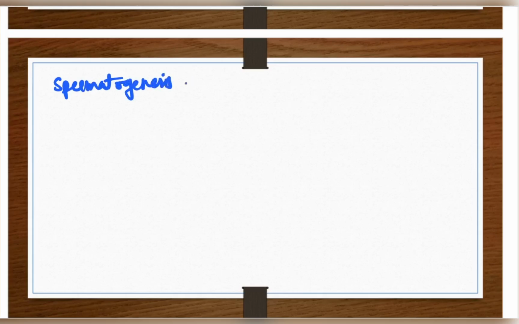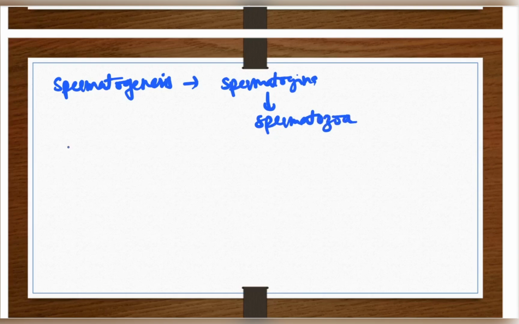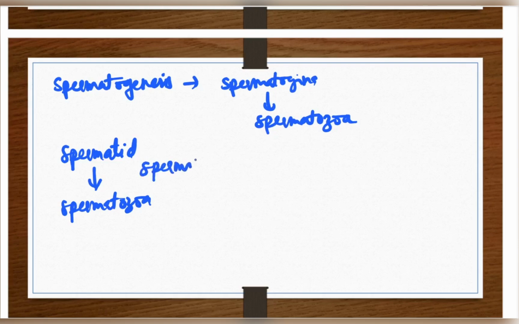Spermatogenesis. So where did you start genesis from? From spermatogonia to spermatozoa, we are saying, okay? But if we are talking about the formation of spermatozoa from spermatid, so this is also a process, the differentiation process. So this process is also called spermatogenesis in some books, okay? So you have to keep this in mind.